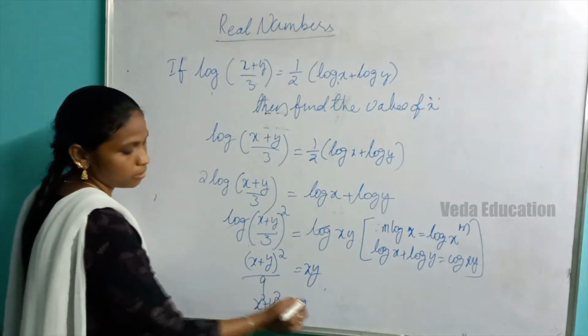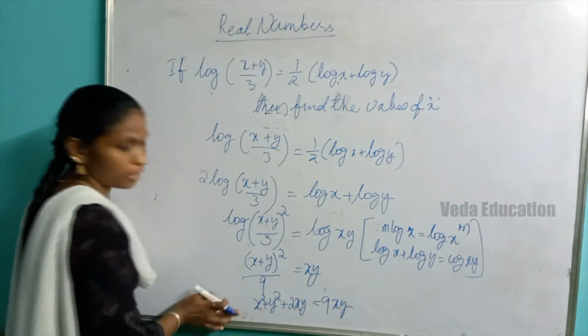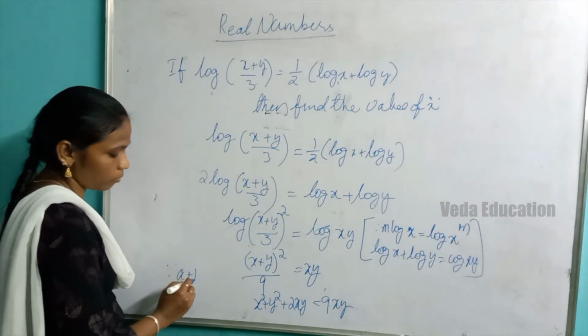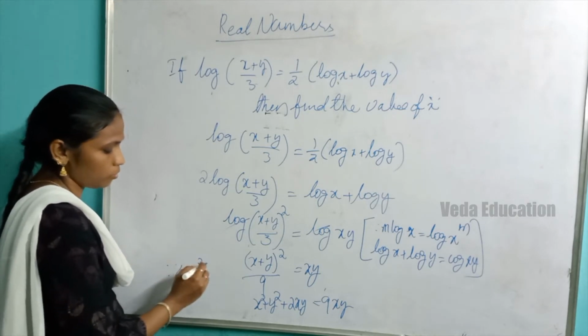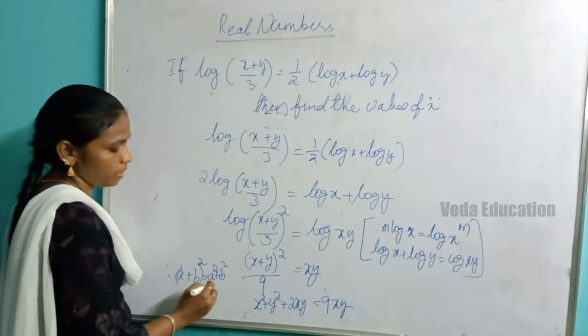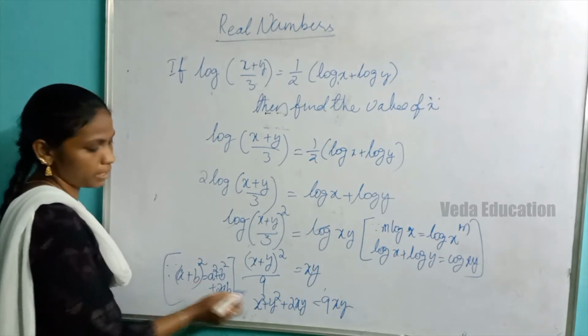We expanded this equal to 9xy. Got it here? Here we used an algebraic identity, that is the (a plus b) whole square formula: (a plus b) whole square equal to a square plus b square plus 2ab. Got it everyone? This identity we applied here.